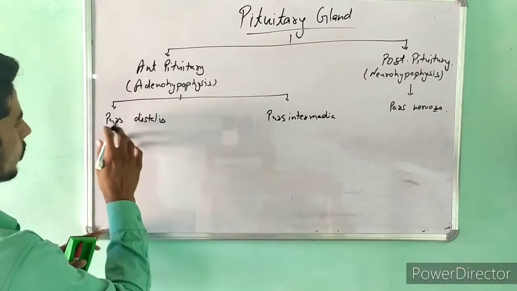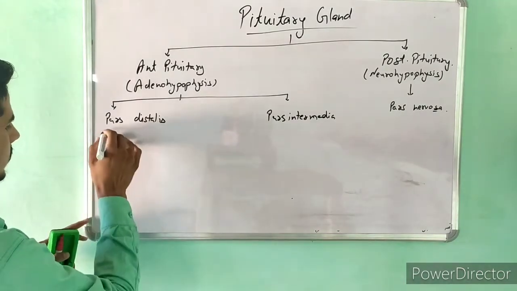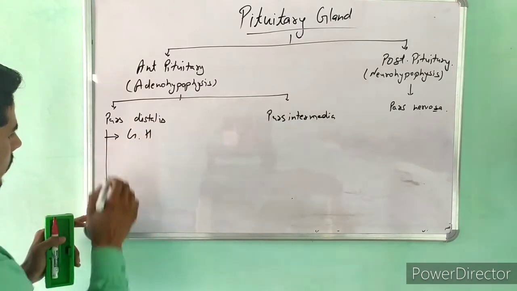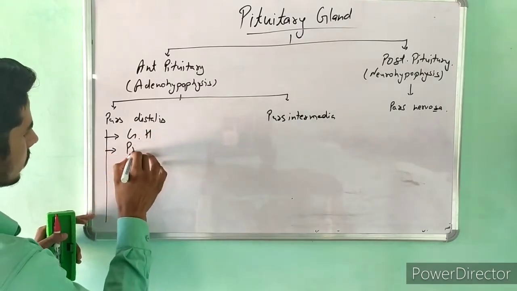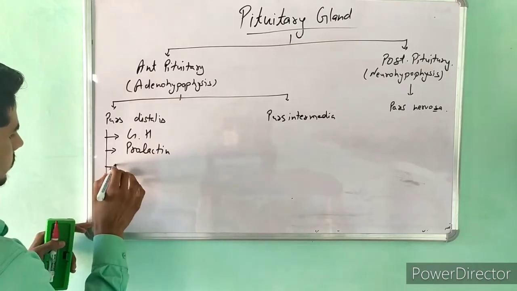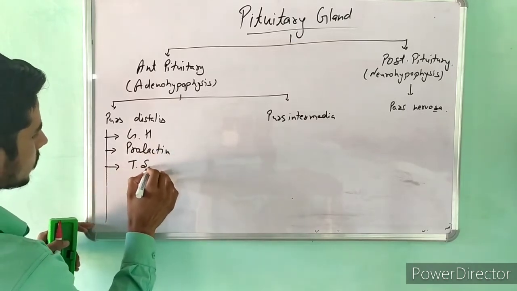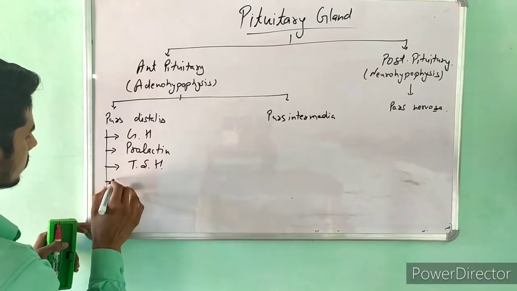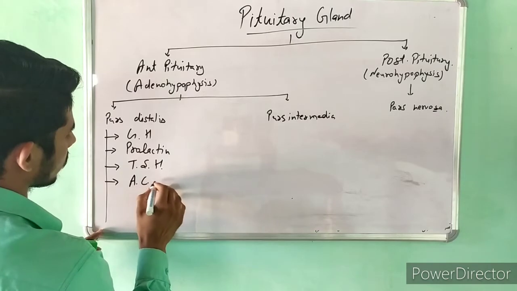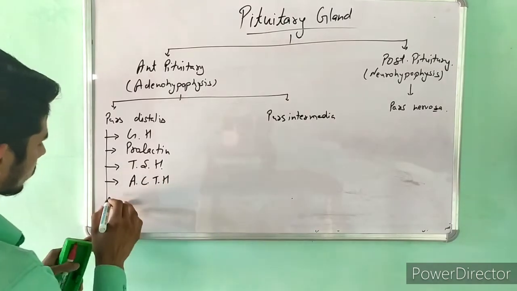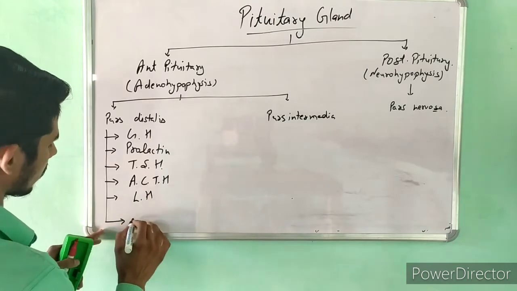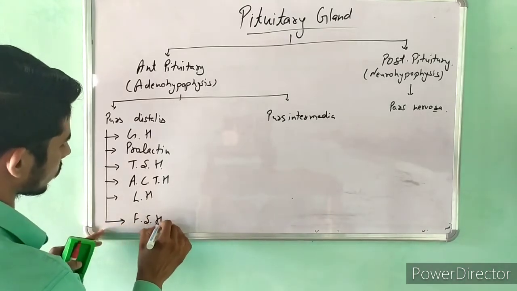So the hormones formed by pars distalis are growth hormone, prolactin, thyroid stimulating hormone, adrenocorticotropic hormone, luteinizing hormone, and the follicle stimulating hormone.